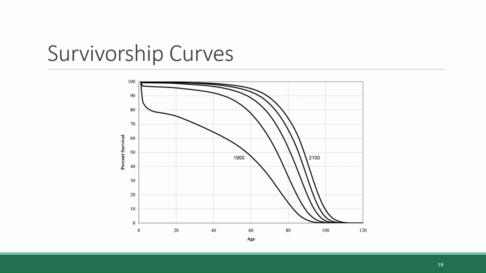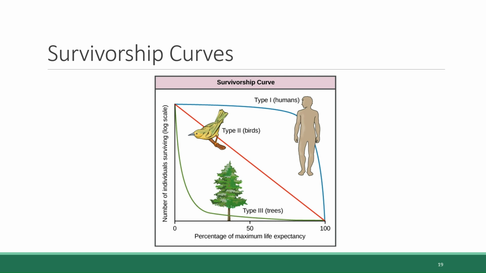In order to get around this reality, that different species have very different lifespans, the x-axis can be changed from years lived to percentage of maximum lifespan. The halfway point would represent the organisms that live to 50% of their maximum lifespan, whatever that is. Maybe it's 40 years if you're a human, maybe it's 3 years if you're a trout, but if you show it as a percentage, then you can place different organisms on the same graph to make a comparison.